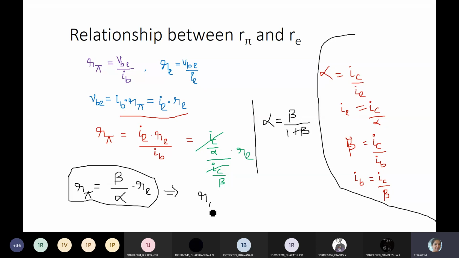R pi can also be written as beta as it is, replacing alpha by beta by 1 plus beta, into RE. Now, what is the simplified expression for R pi? R pi is equal to 1 plus beta into RE, ma'am. Yes, beta gets cancelled, so we are left with 1 plus beta into RE.